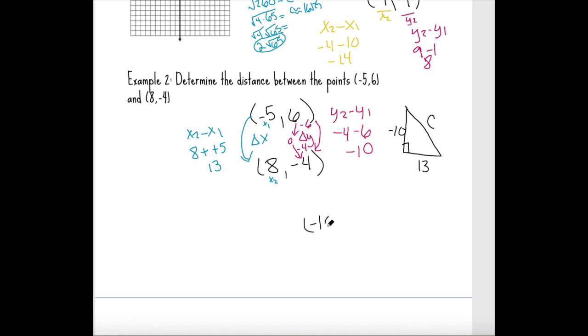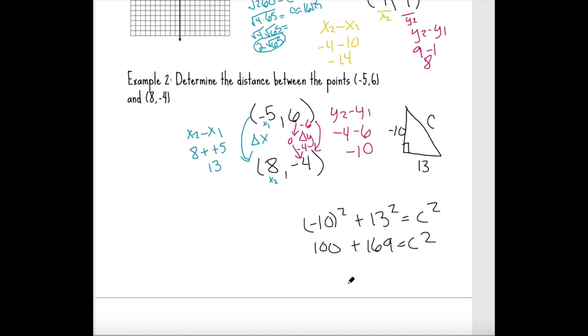We have (-10) squared plus 13 squared equals c squared. Whenever you're squaring a negative number, you need to write the negative number in parentheses to show that the negative is also getting squared and not just the 10. Negative 10 times negative 10 is 100. 13 times 13 is 169, which equals c squared.